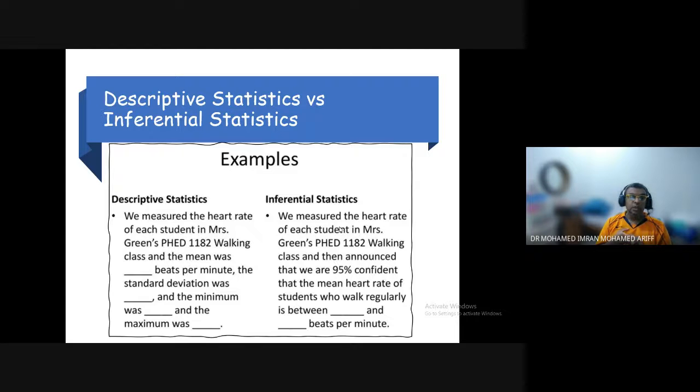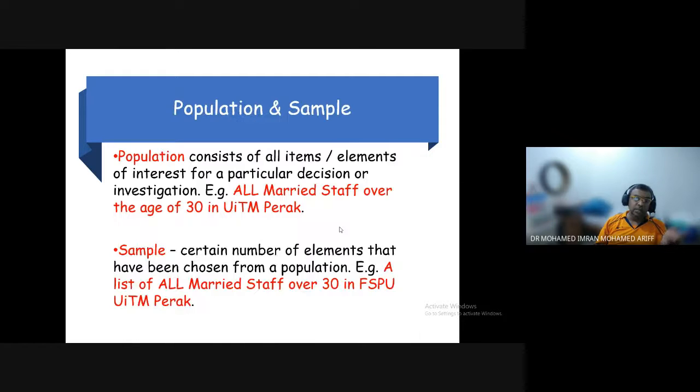So they measure the heart rate of each student dalam kelas dia, berapa beats per minute and berapa standard deviation and so on and so forth, and based on that they find that 95% of them heart rate dia akan laju. Okay, so meaning bila cikgu tu masuk, 95% of them heartbeat dia akan laju lah. So nampak sangatlah cikgu ni garang. So this is what the example is talking about.